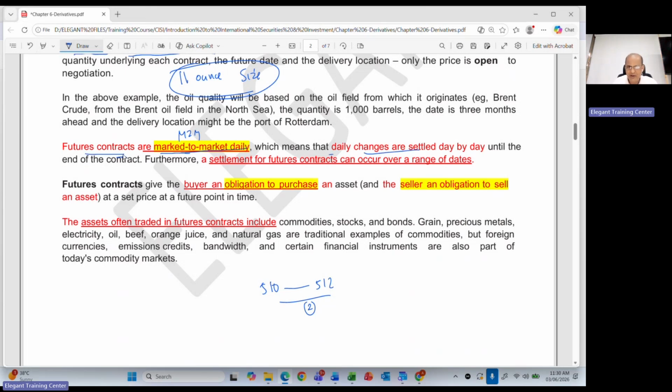Every day evening, the agreed price was 510, and the gold closing price today is 512, so $2 will be added to your account. That's called M to M, mark to market. Every day the gold price will be adjusted against your agreed price. Suppose the price is actually 508. Then the $2 loss will also be applied to your account.